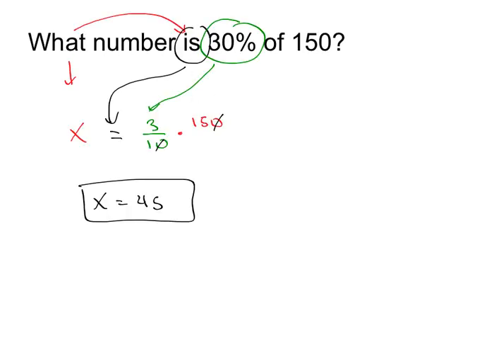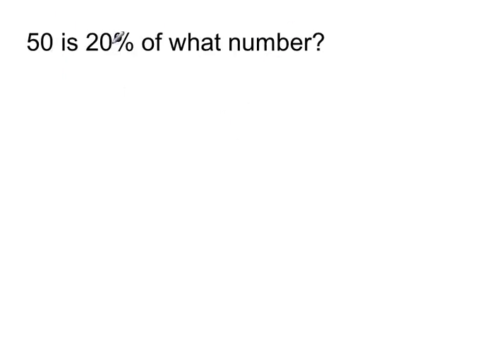50 is 20% of what? So just to go back to the last one for a second, what number is 30% of 150? I was actually looking for the part there. Now I'm given 50 is 20% of what? Since I'm missing the of, that's considered the whole. So let's break this down. 50 is 50.